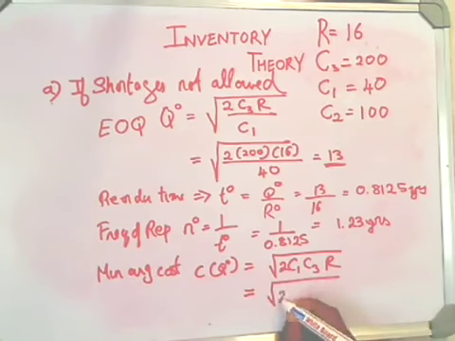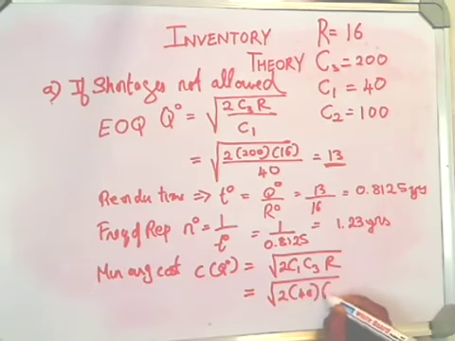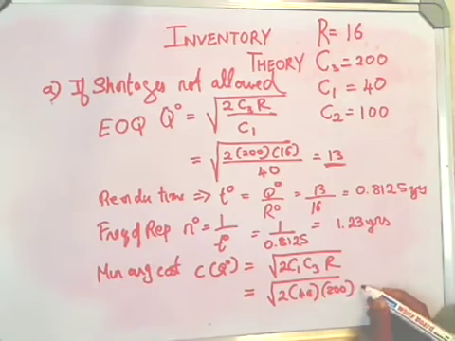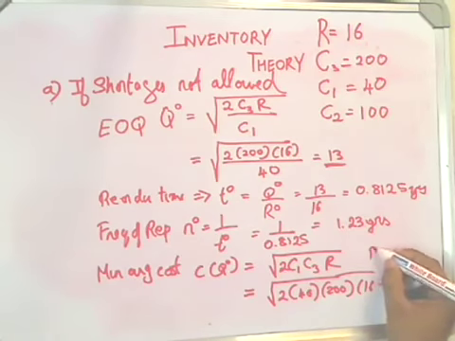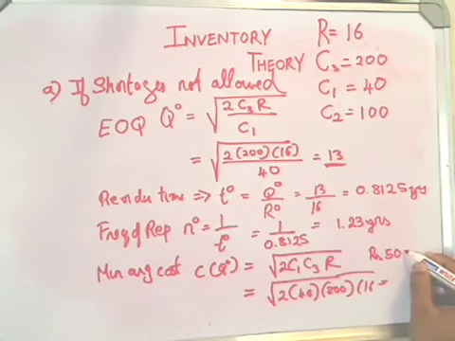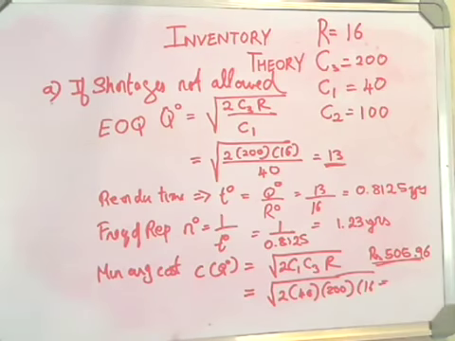Square root of 2 multiplied by 40 multiplied by 200 and multiplied by 16. This should give me rupees 505.96. If you want to round it off to a whole number, it's okay, but I've given it as 505.96.